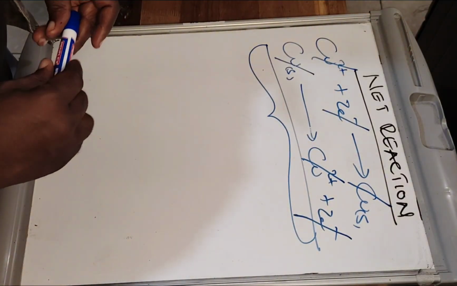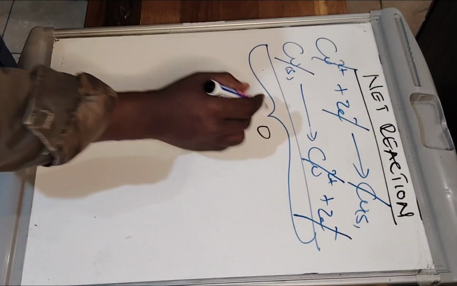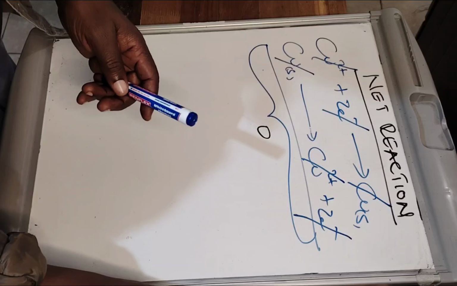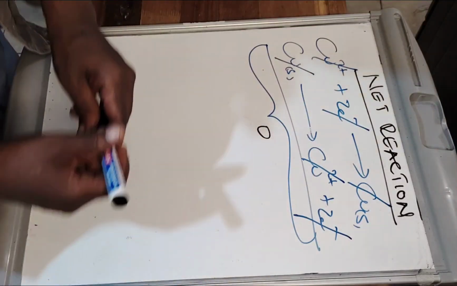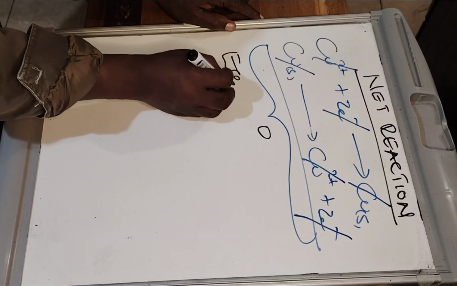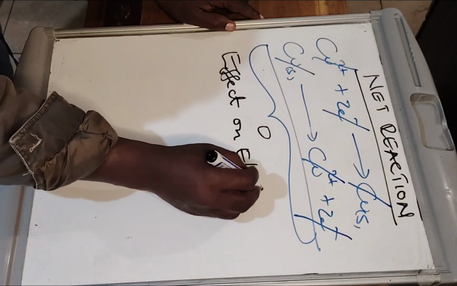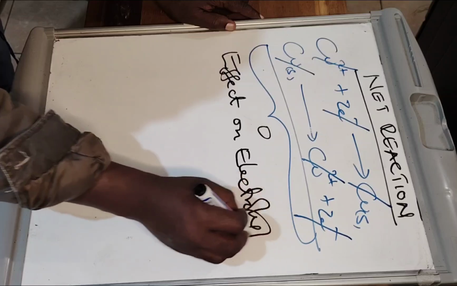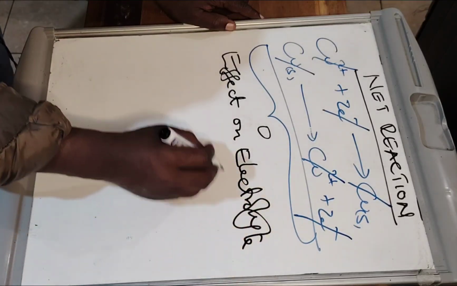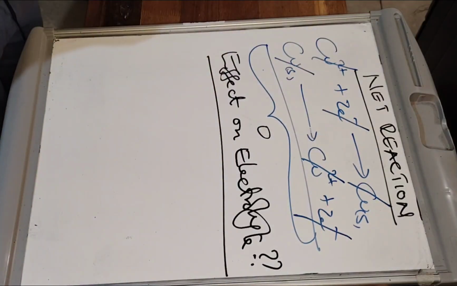Giving you a net reaction of 0. And at this point, you are going to answer this question. What is the effect on the electrolyte every time you see this situation? You have to have the capacity to answer that at the moment if you have been following us. But now there's something we have to look at.